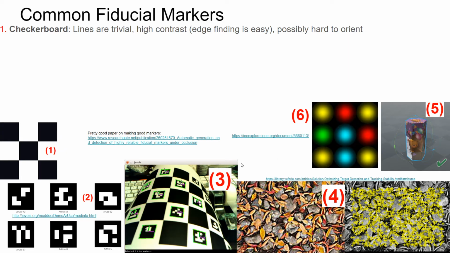So that means that checkerboards can be a little bit hard to orient, especially in a system that has occlusion, where even if you have a checkerboard where you add one more row to try to handle the orientation problem, if the camera can't see that row, then the orientation is still ambiguous.